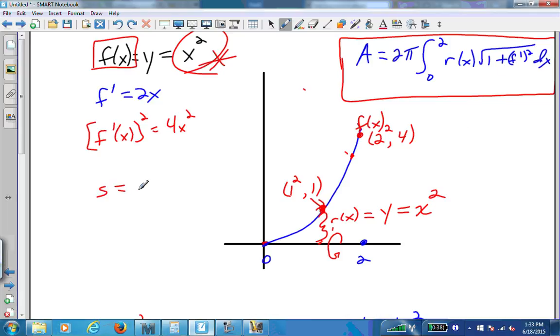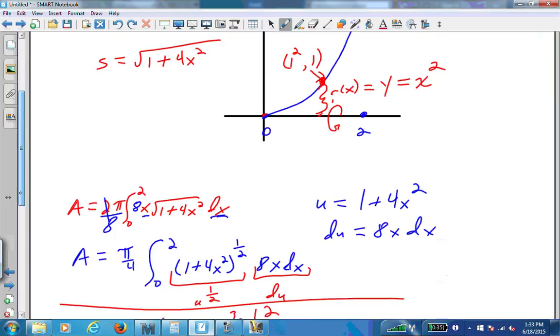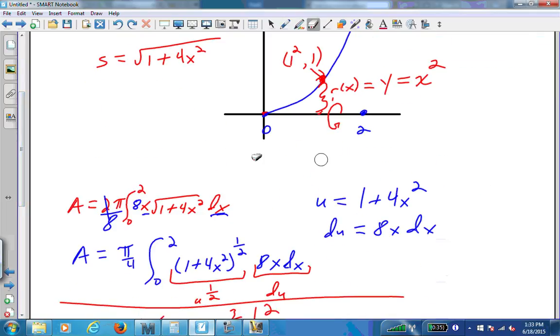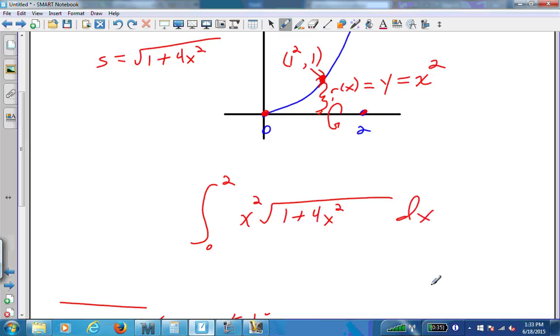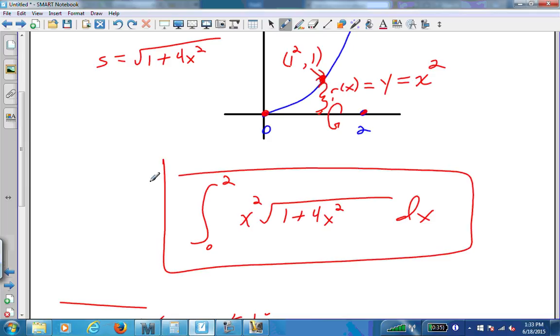So our s comes from the 1 plus f prime squared. f prime is 2x, squared is 4x squared. So our surface area, let's call this A. If we're doing x, then we're going from here to here. Our r times the square root of 1 plus 4x squared dx.